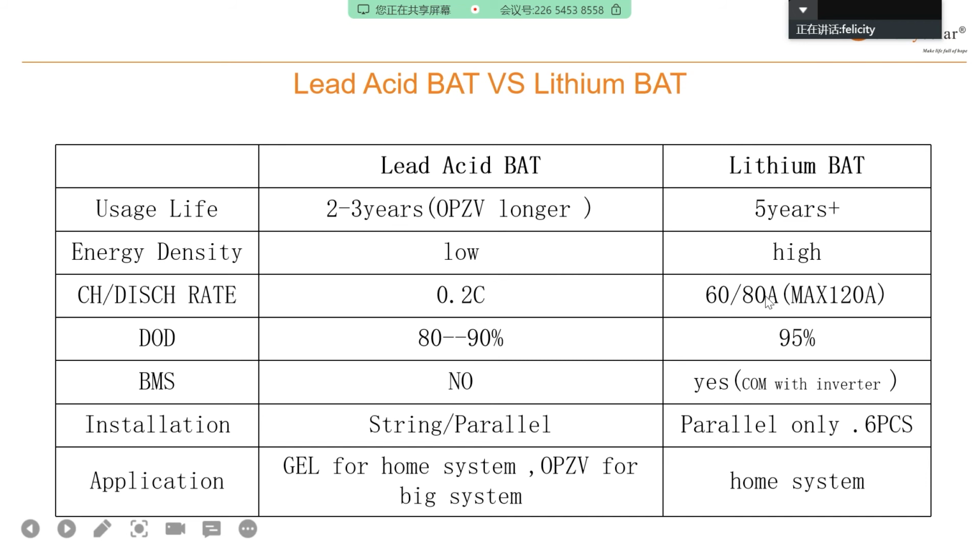But if it's 200 amps, the charge discharge current is 80 amps. And DOD: the lead acid battery is about 80 to 90%, and the lithium battery can go up to 95%.